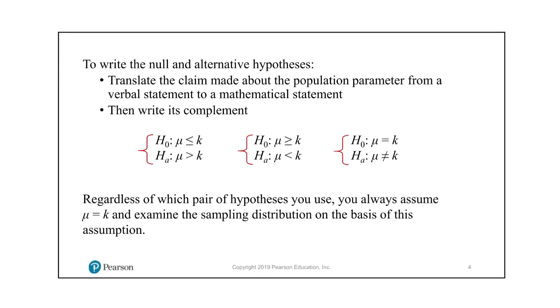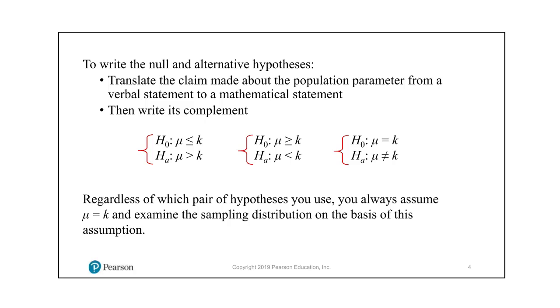To write the null and alternative hypotheses, basically we're going to take the verbal or printed claim made about the population parameter, normally just in plain English, and put it into a mathematical statement. And then we'll write the complement, the other half of it, and then we'll figure out how to organize these.